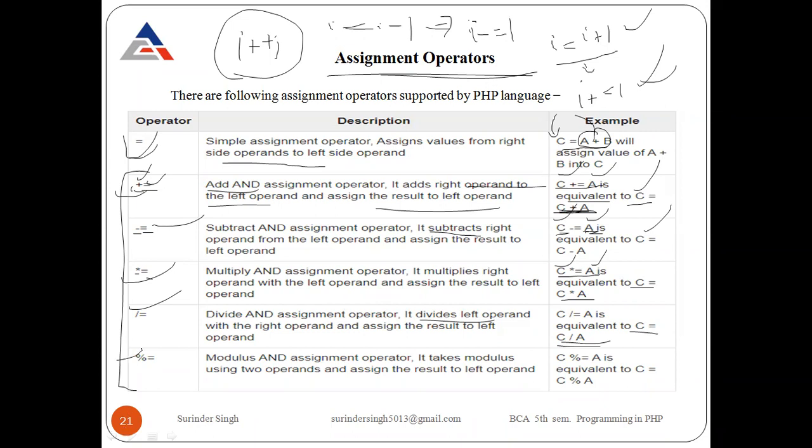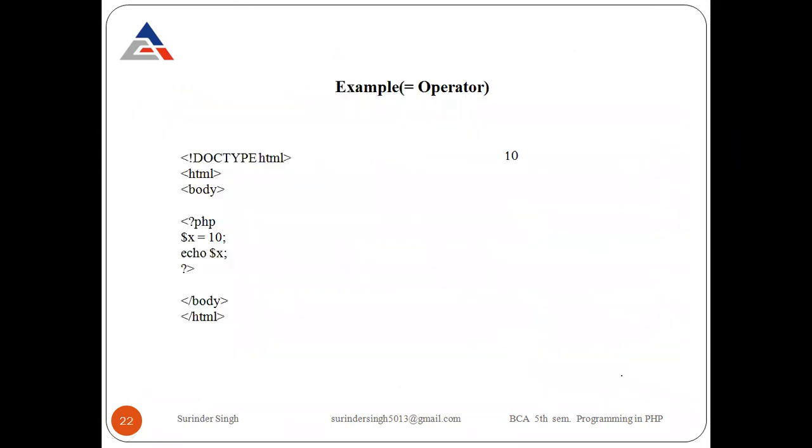Same for the modulus, or remainder operator, remainder and assignment, modulus and assignment. It takes the modulus using two operands and then assigns the result to the left operand. These are the assignment operators.